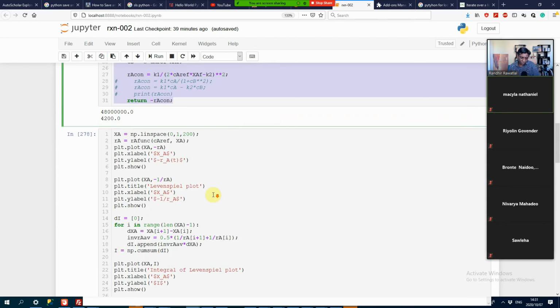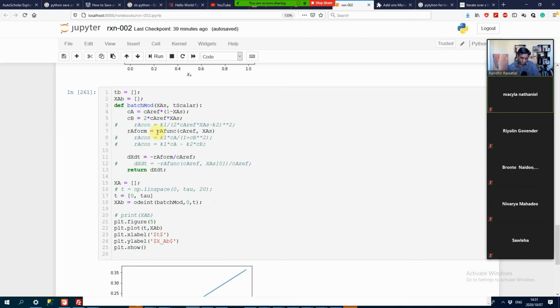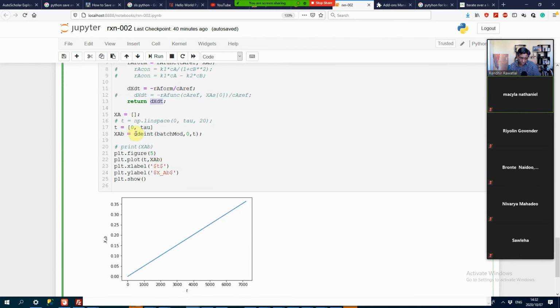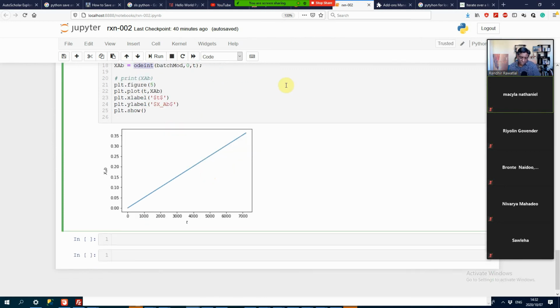So here we are simply using that function to estimate the rate of formation. We know from our material balance that for the batch case, dX/dt is minus RA divided by the reference concentration. This is straightforward; this is the material balance. This defines the differential equation for the batch reactor, and then we can use odeint to integrate that with time.